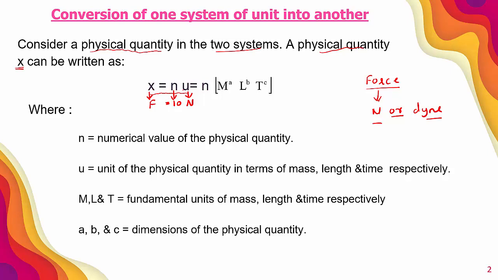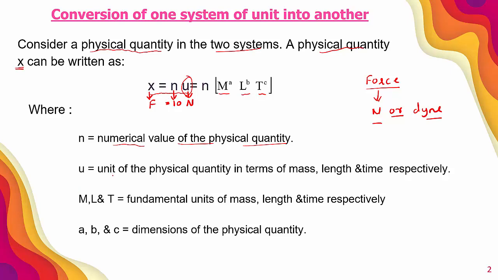And now we are going to express this unit U in terms of mass, length and time. How are we going to express the unit of the physical quantity? We are going to express unit of physical quantity in terms of mass, length and time. Is it clear? You can observe, N is numerical value of physical quantity.